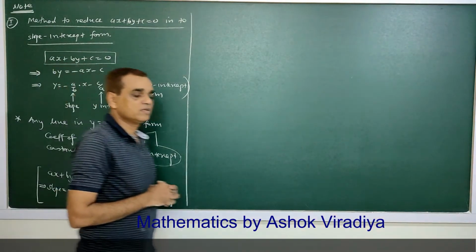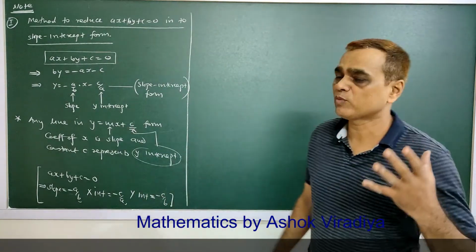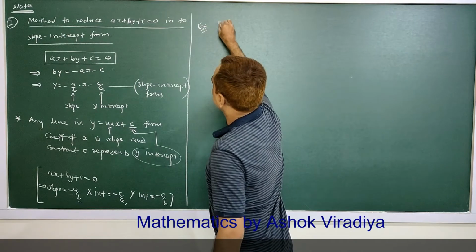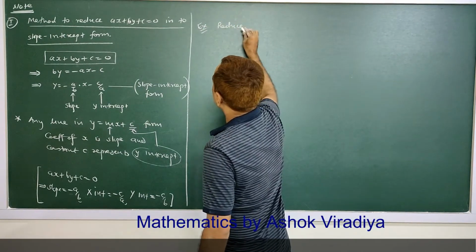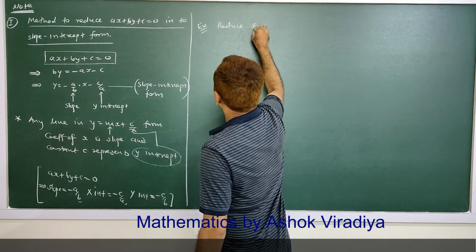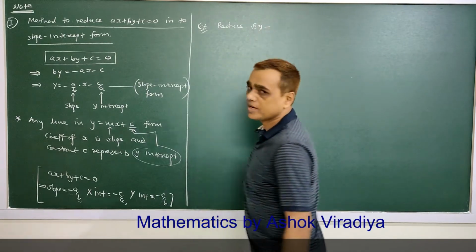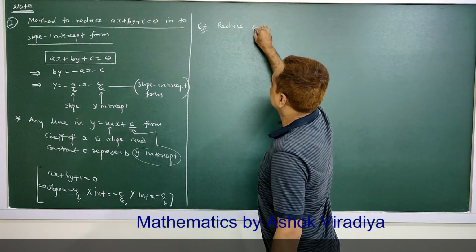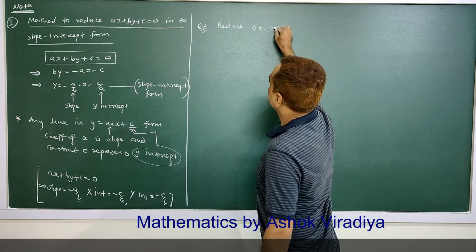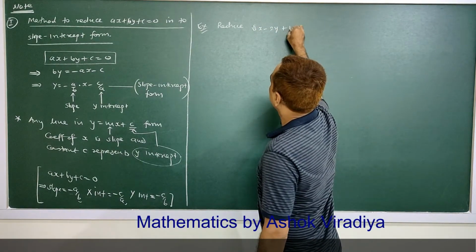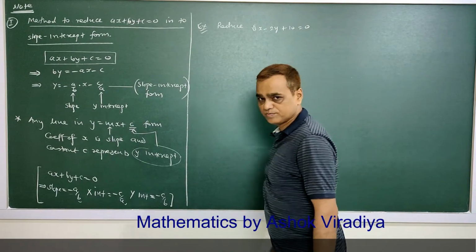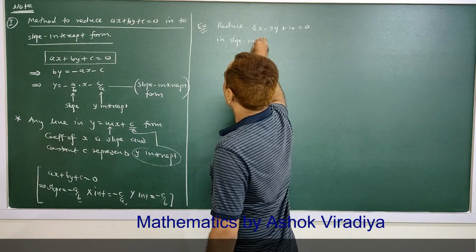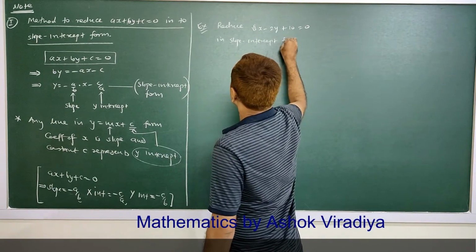Now to understand this question, I am taking one example. Example: reduce root 3x minus 2y plus 10 equal to 0 in slope intercept form.